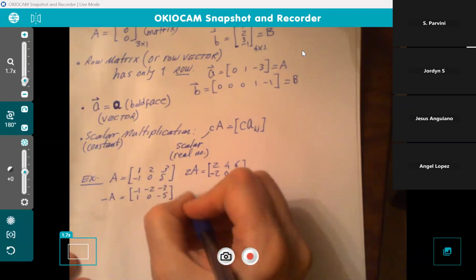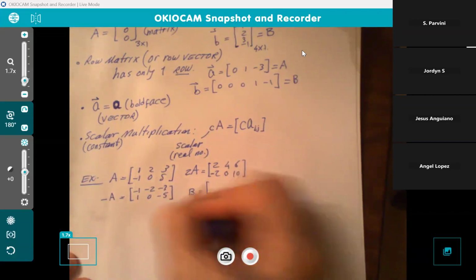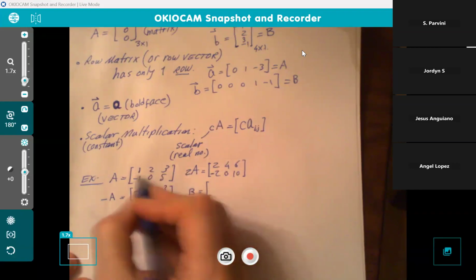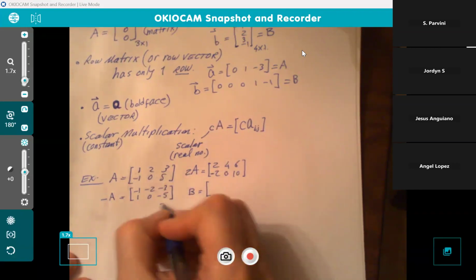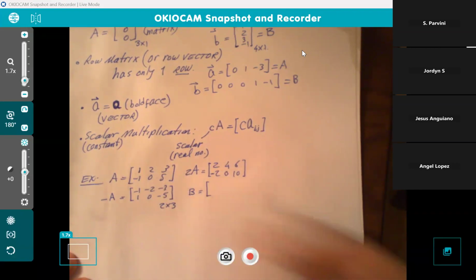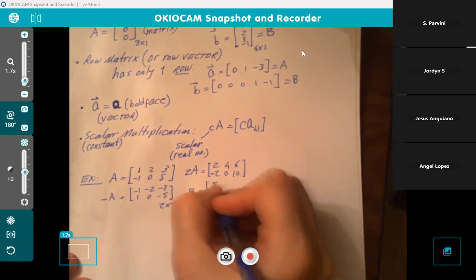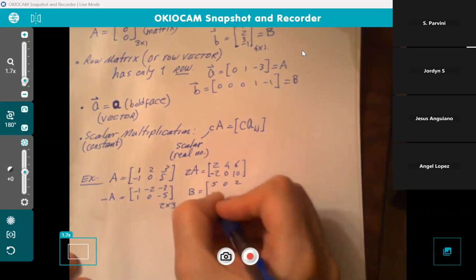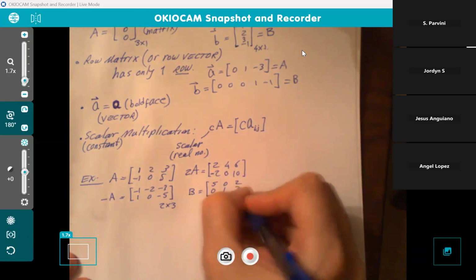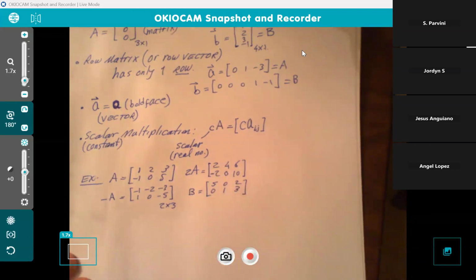Having defined the negative of a matrix, we are in a position to do this. Suppose now I'm going to define matrix B. It's got to be the same size as A, right? It's got to be a 2 by 3. So I'm just making up a 2 by 3. Let's go 5, 0, 2, 0, 1, 3. That's my B. I'm randomly making these numbers, folks, not thinking of anything in particular.